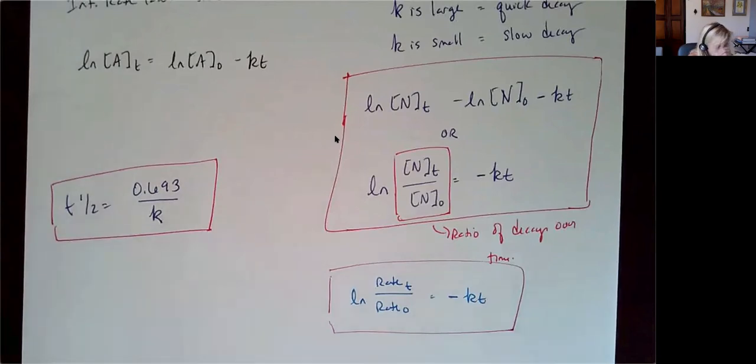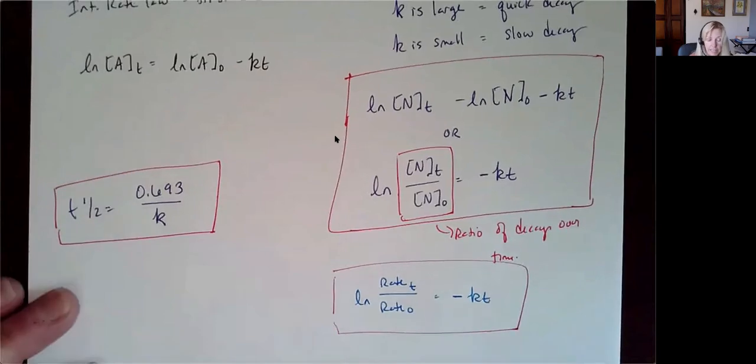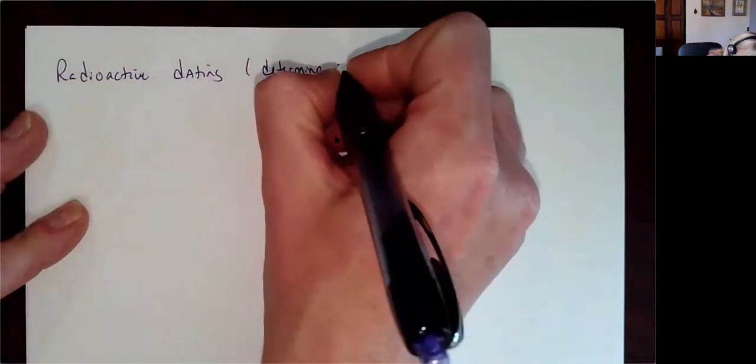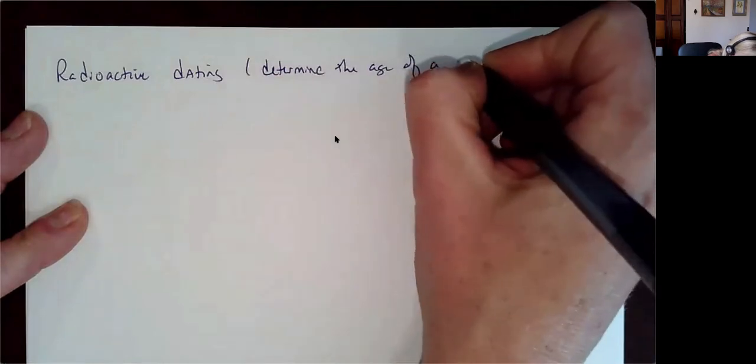And the last thing I wanted to talk about in this section was radioactive dating. So we use, and this is not some weird dating platform, but this is how we age materials. There are 2 different types of radioactive dating, meaning I'm going to determine the age of a substance.